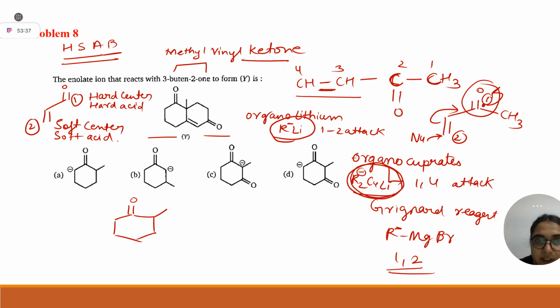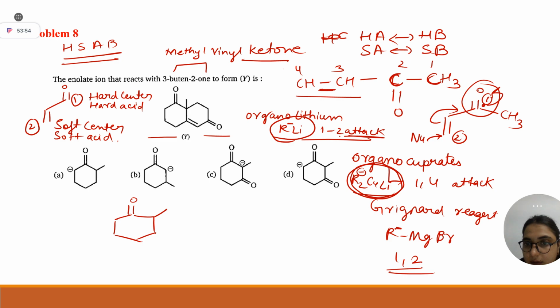So as per HSAB principle, hard acid is going to attack your hard base, and soft acid will react with your soft base. Clear? So obviously, when your RLi is there, which is a hard nucleophile, it will prefer the hard center to attack. And whenever you are having organocuprates, they are softer nucleophiles.